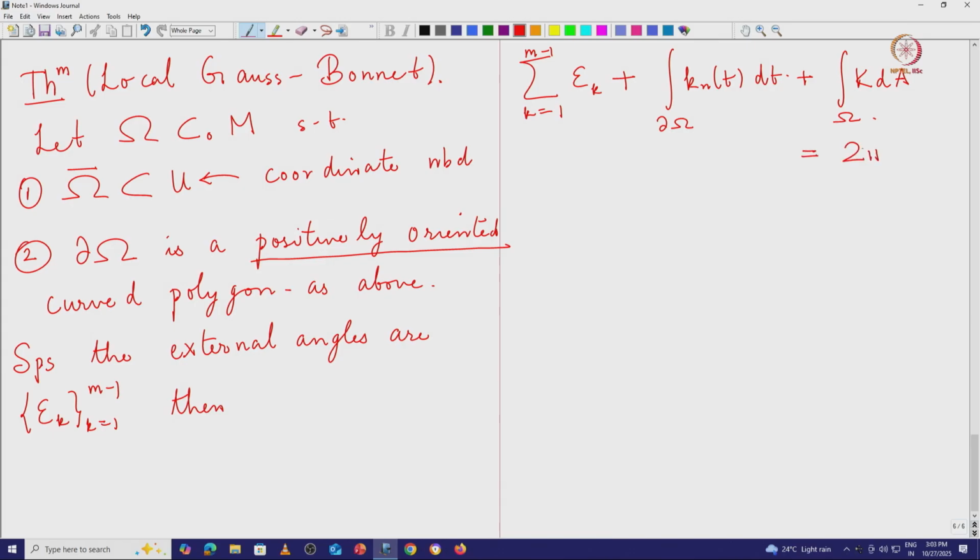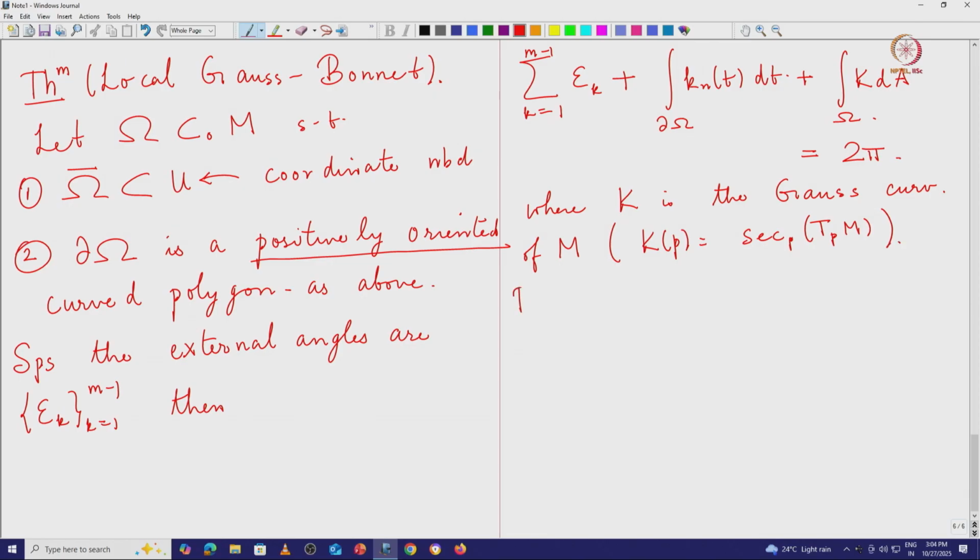This entire sum is equal to 2 pi. Here k is the Gauss curvature of M. So, recall that just means that k at any point p is simply the sectional curvature of the tangent plane at that point, right.